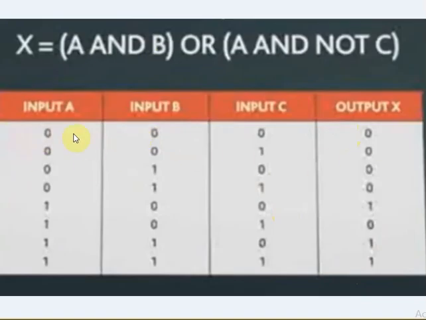Now once you write this, all the combinations are written. After writing all possible input and output conditions, we need to select separately whether this or this condition is true, then the output will become true.